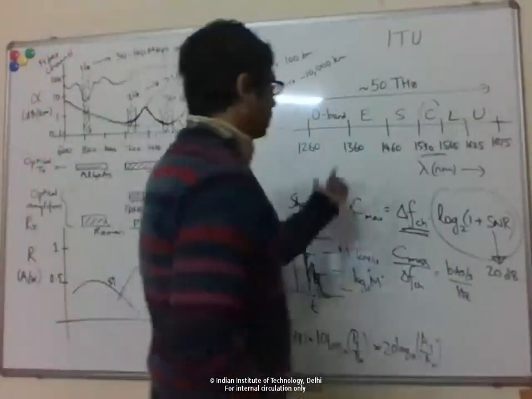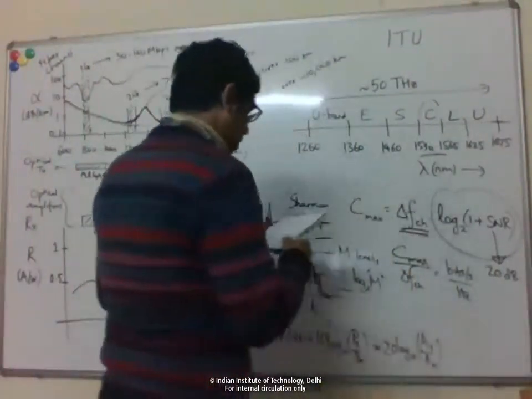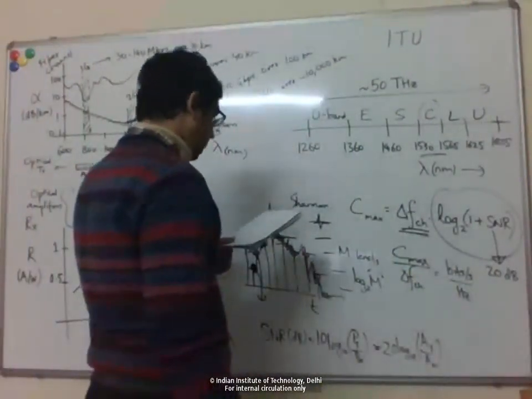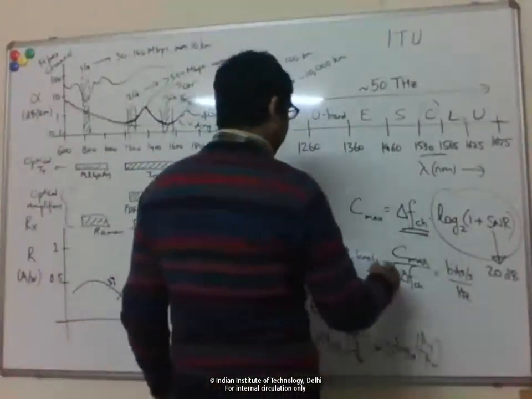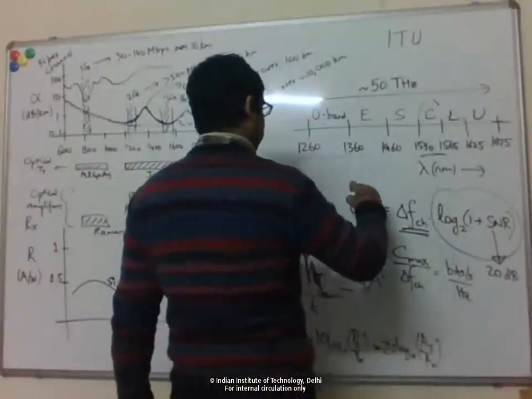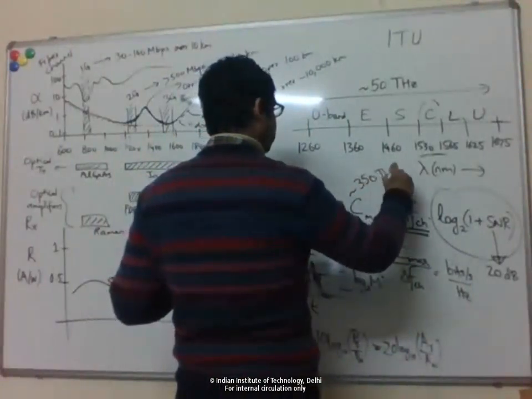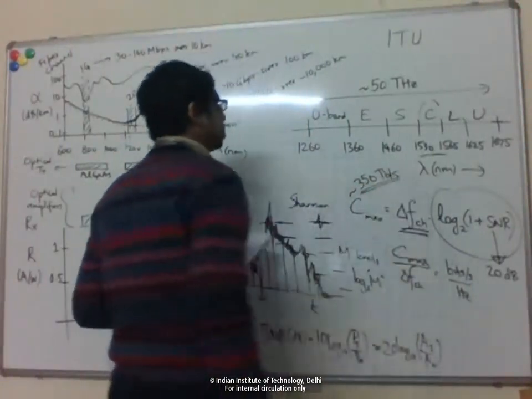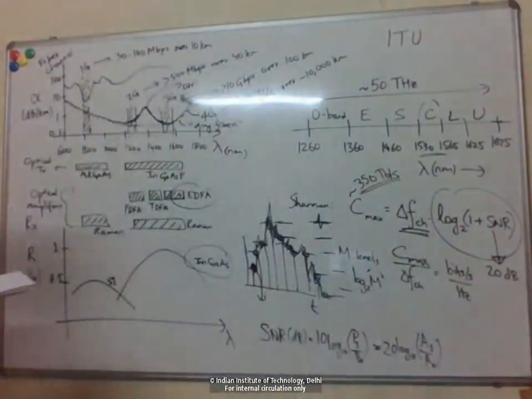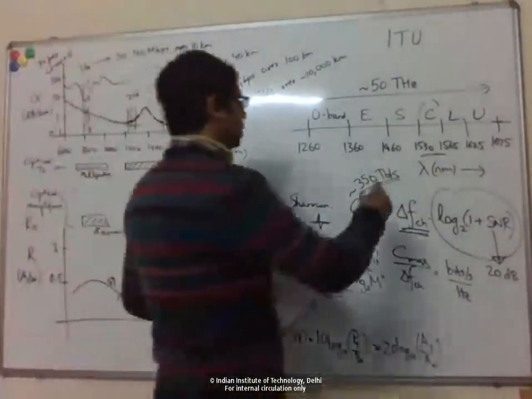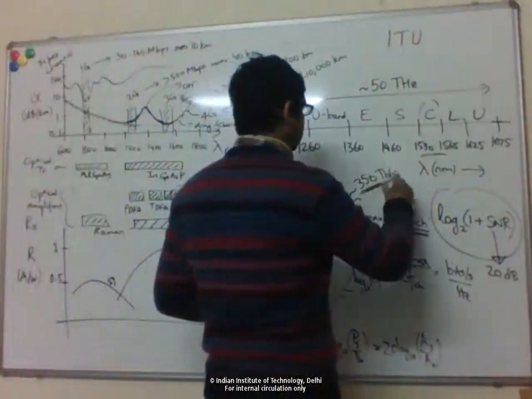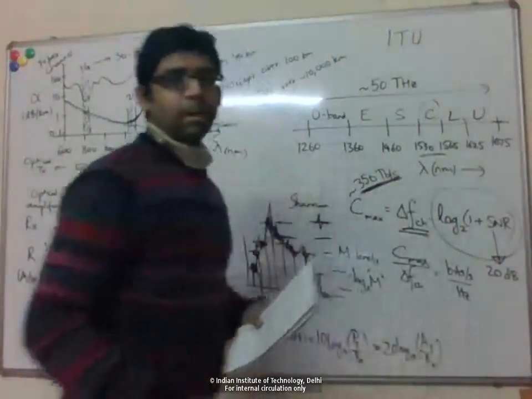So if you work at 20 dB SNR, then this Cmax that you get comes out to be 350 terabit per second. This number is in some sense the absolute maximum.